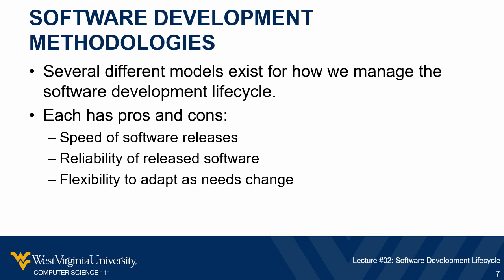Different models have different sets of advantages and disadvantages. Some of it relates to what you're trying to do. Some of it is how risk-averse your organization is, or how it tends to manage projects in general. But you're going to see there's two major divisions of thought here.